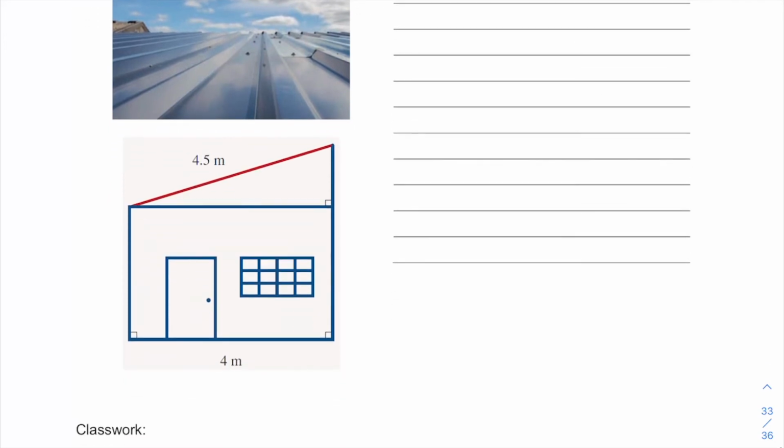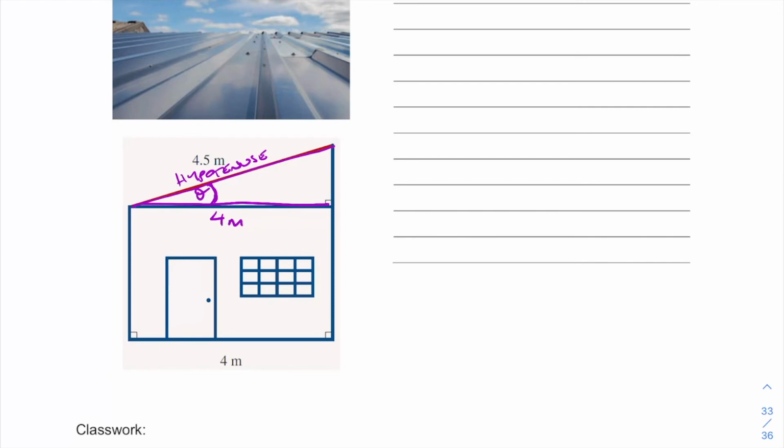Down here we can see a diagram. Here's our hypotenuse, which is given. This line here is given as well, 4 meters. And this is the angle that we're looking for.